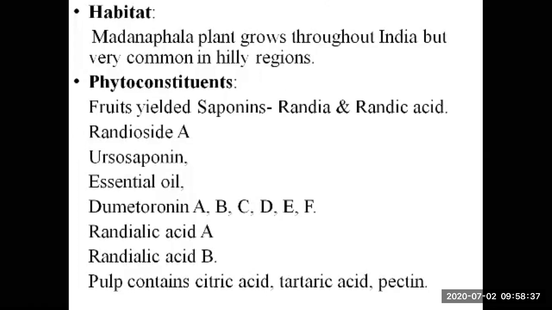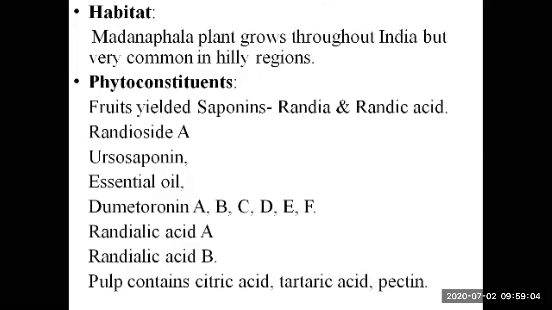So there they came to know that the Madanaphala collected from the Jangala Desha produces more Vegas compared to the Madanaphala collected from Anupadesha or Sadharana Desha. Even the phytochemical investigation shows that the saponin percentage is more in the sample collected from Jangala Desha. Okay. So because of these saponins only, it does its Vamana karma.